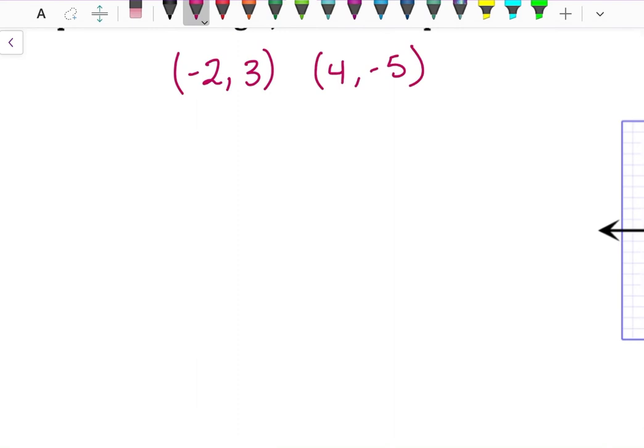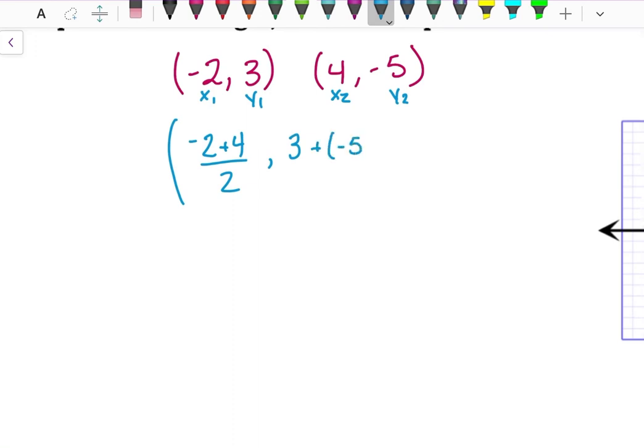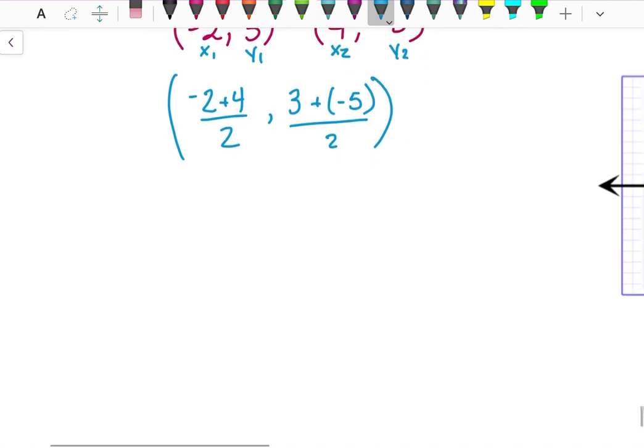Let's plug it into my midpoint formula. So I've got to add my two x's together. This is x1, x2, y1, y2. Great. So add our two x's together, -2 plus 4 over 2. Then add the y's together, 3 plus -5 over 2. -2 plus 4 is 2 over 2.